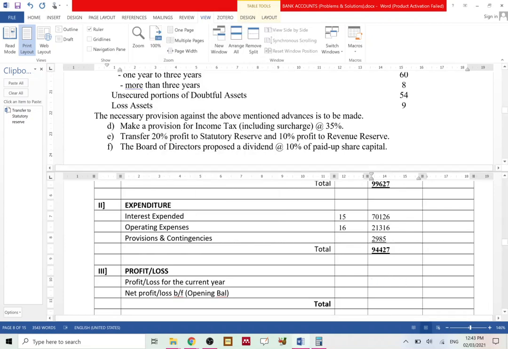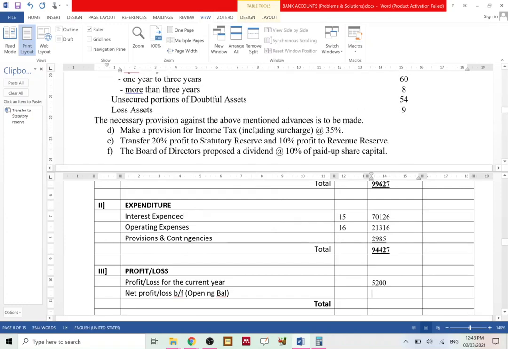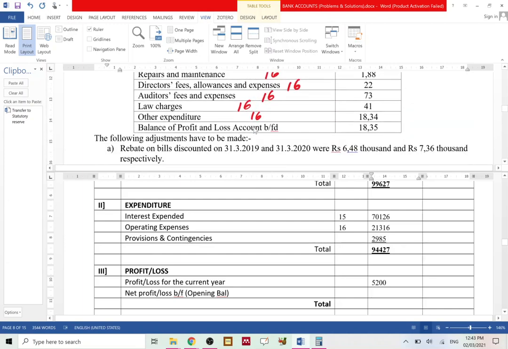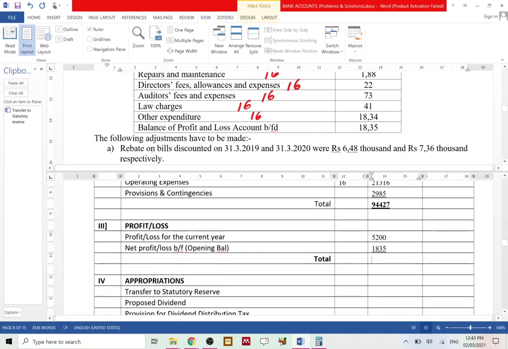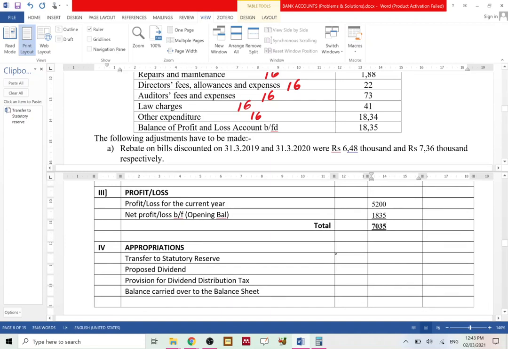So 5,200 is what we got in our working note as well, which means it is right, 5,200, and the previous year's balance should be given somewhere in the problem. Let's see here, balance of profit and loss account brought forward, that means from the previous year, 1,835. Total of these two, 7,035. Right. So total profits including previous years, current years is 7,035.